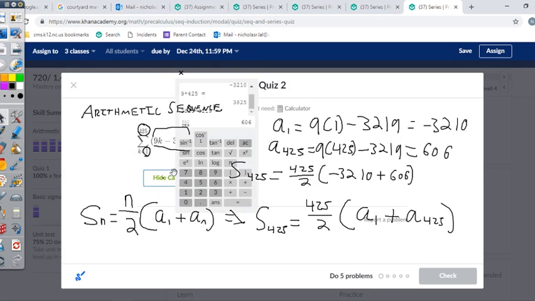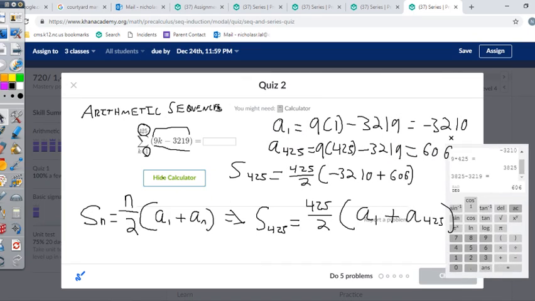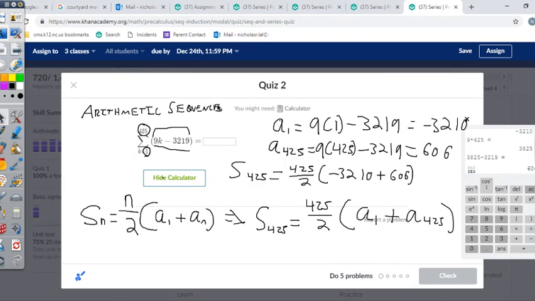So, again, let's show the calculator. We'll have 606 minus 3210. Alright, we're going to have to multiply that by 425 divided by 2.